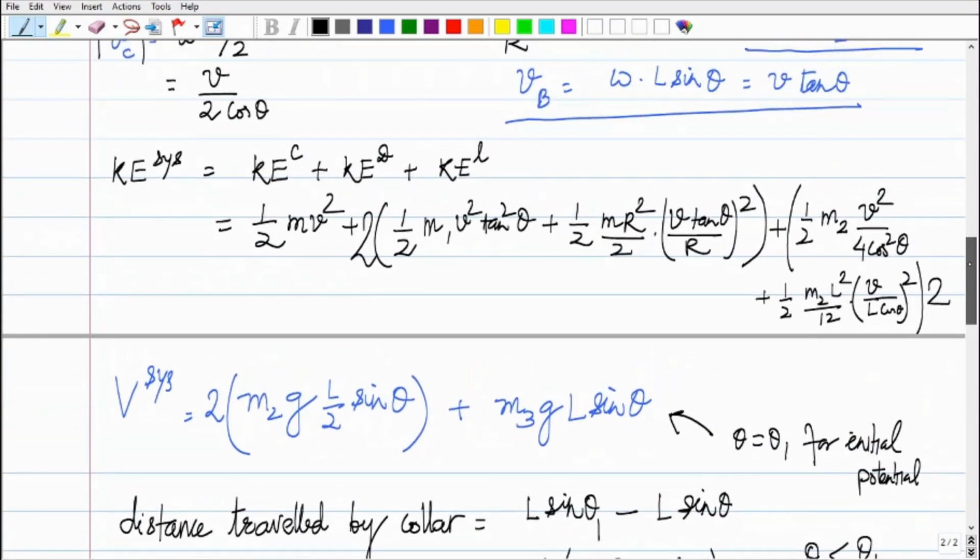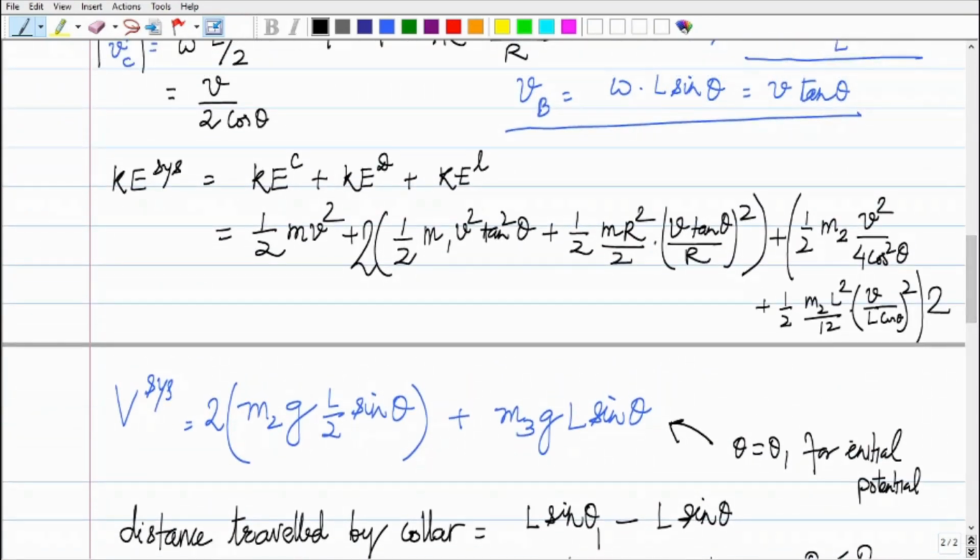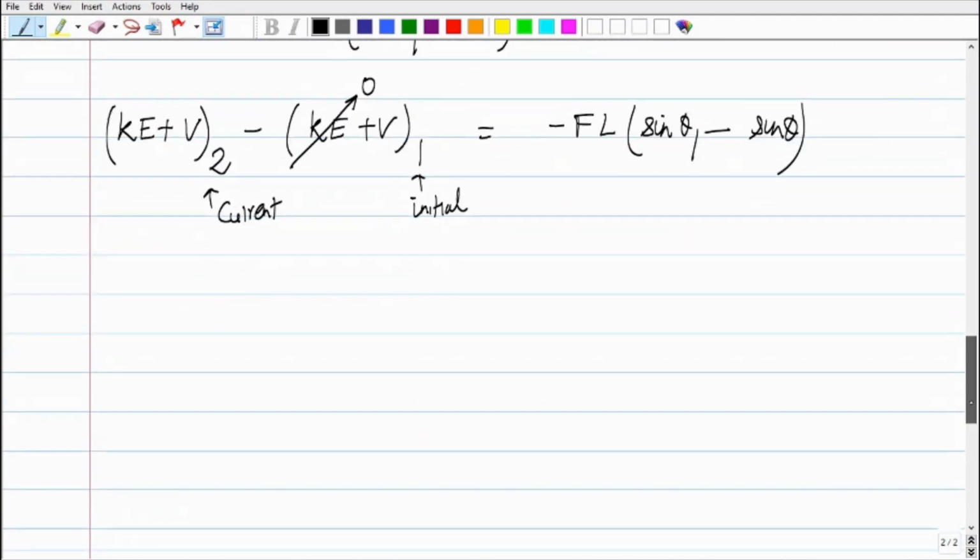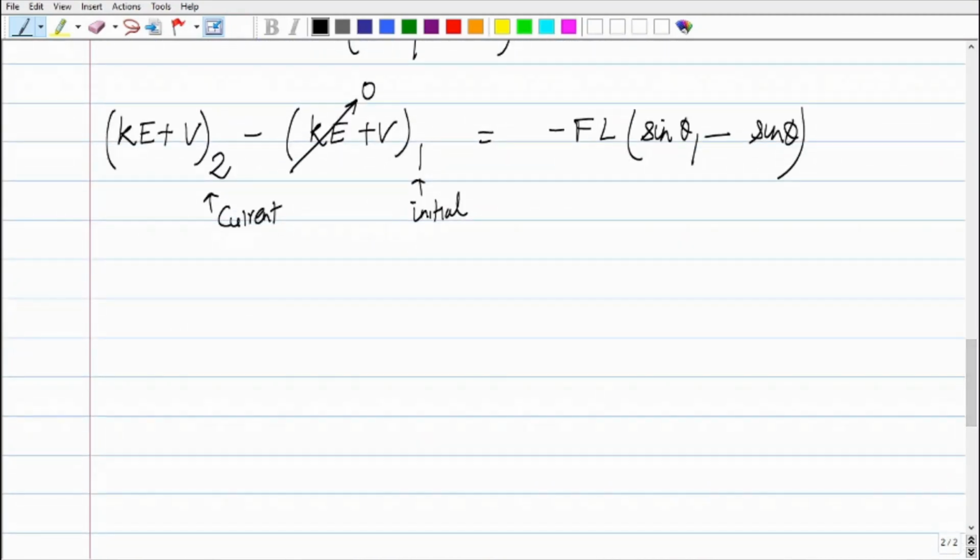Okay, you see the expression of kinetic energy? It is in terms of velocity of the collar, v, and theta. The entire expression is in terms of velocity of the collar and theta. So when we come to this formula here, everything is now in terms of velocity of the collar in the current state and the current theta.